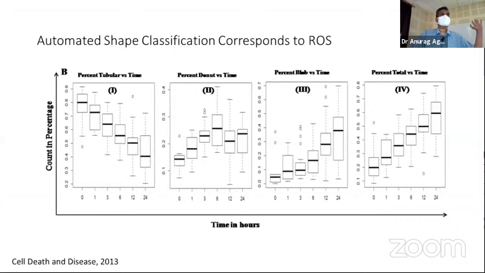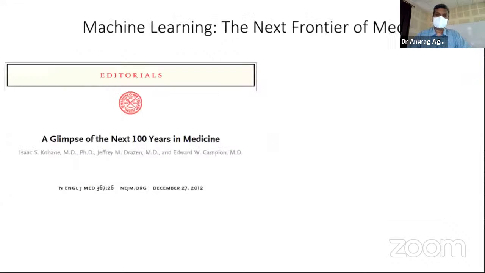So using thousands and thousands of images that we had collected for that paper, we were able to write the first automated shape classification of mitochondria paper, in which we were able to figure out what may work, what are markers of poor health in mitochondria, and what are the points of transition after which it becomes irreversible.